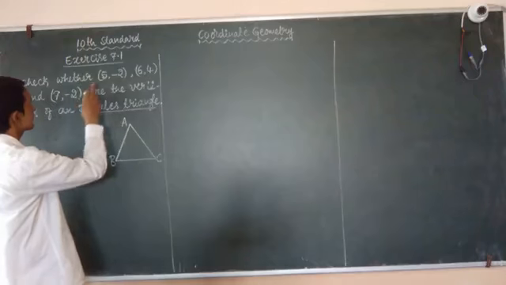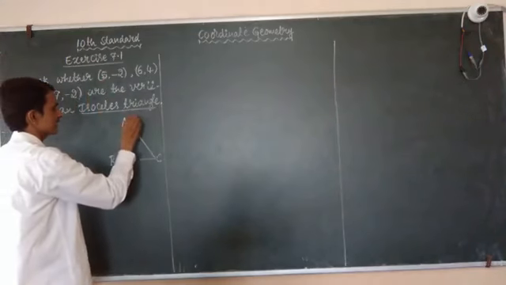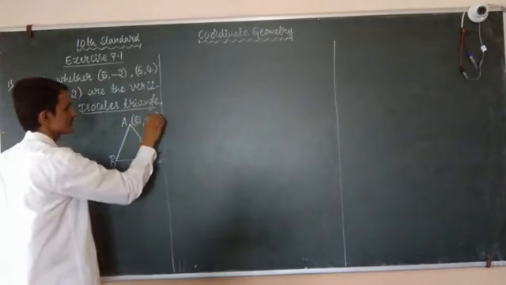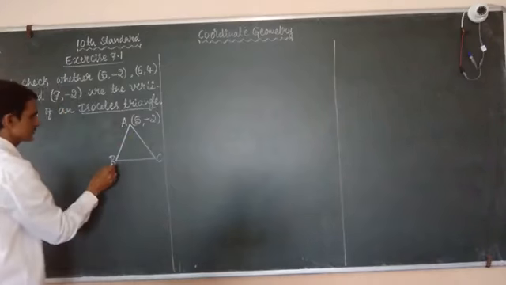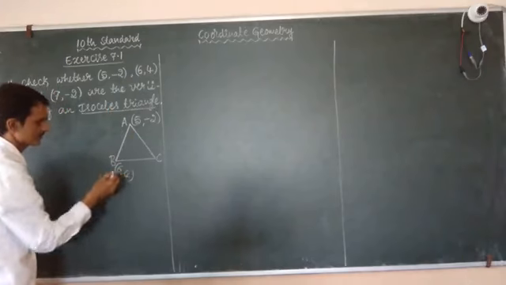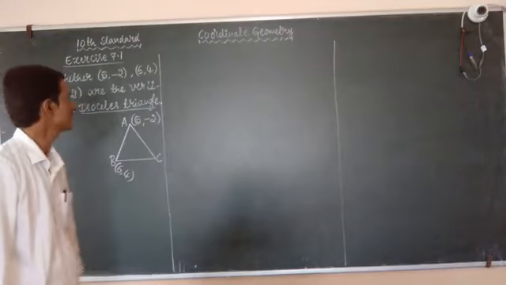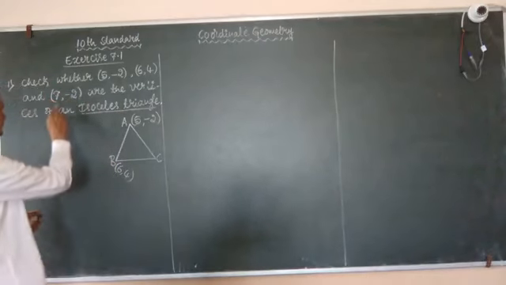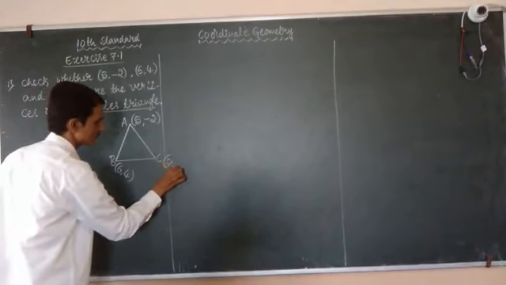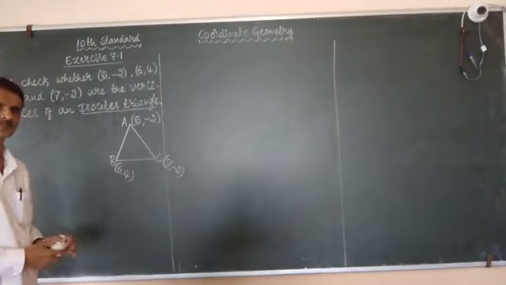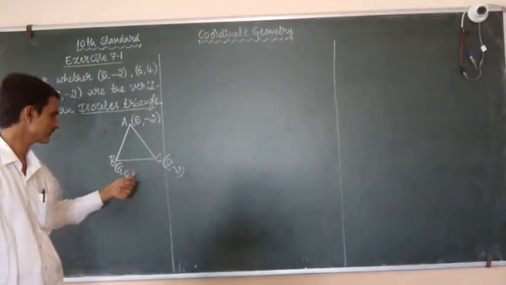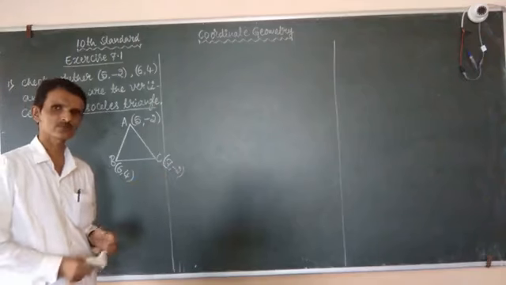Let us take the first point as A (5, -2). Second one, B (6, 4). Third point, C (7, -2). So A (5, -2), B (6, 4), C (7, -2).